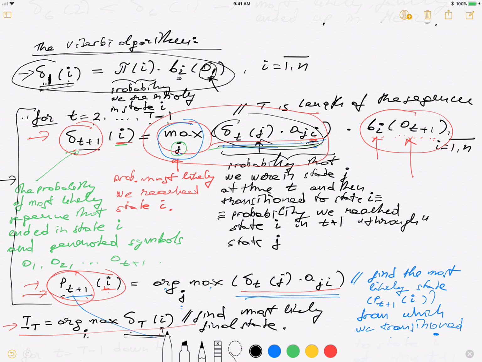So I'm going to write down that iterative step again so that we will see it.